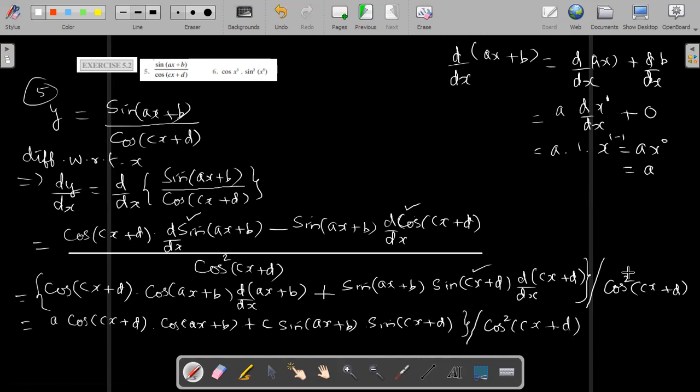Okay. When you are using this slash, you should use the bracket, for all these numbers are divided by this. Similarly, this is the quotient rule.